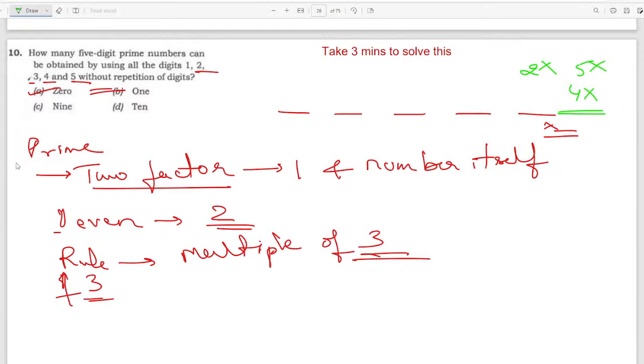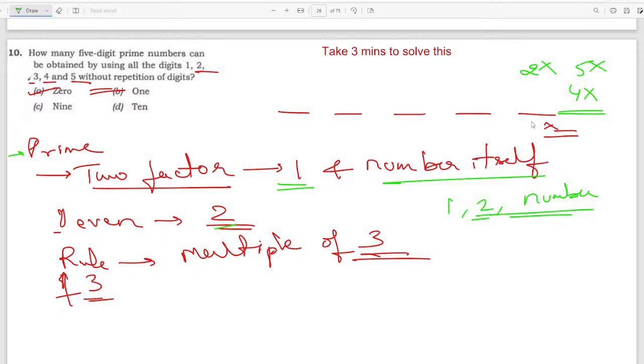The basic definition of a prime number is it should have only 2 factors, 1 and the number itself. Any even number greater than 2 will have at least 3 factors, 1, 2 and the number itself. So that is not a prime number.